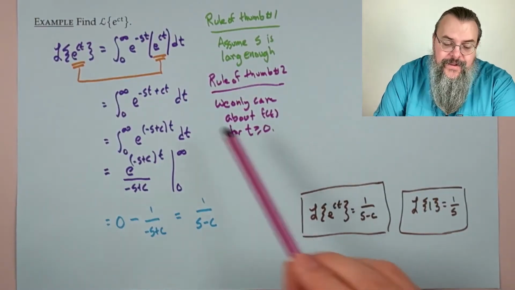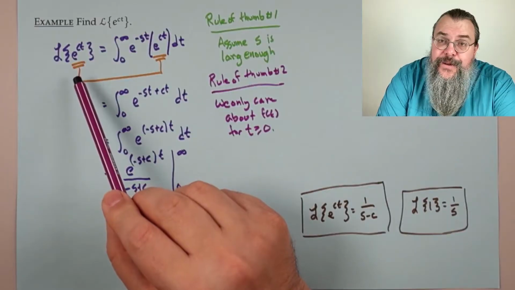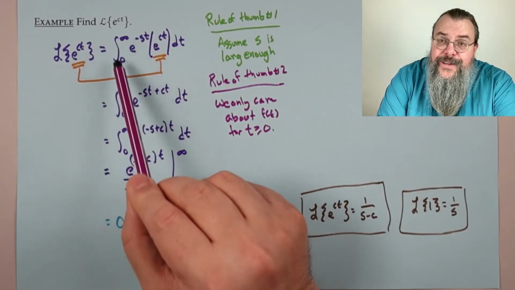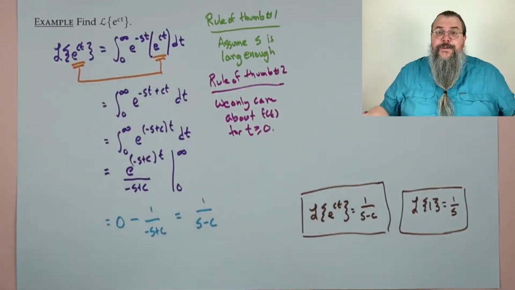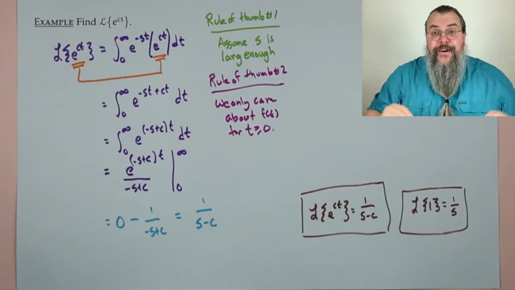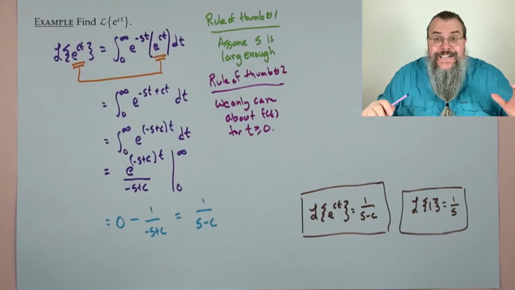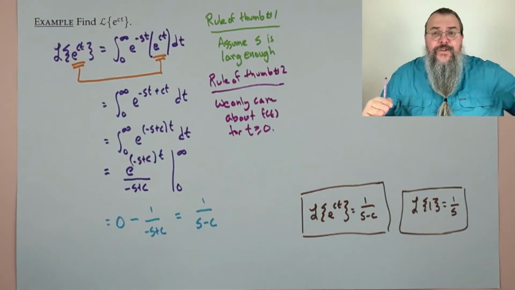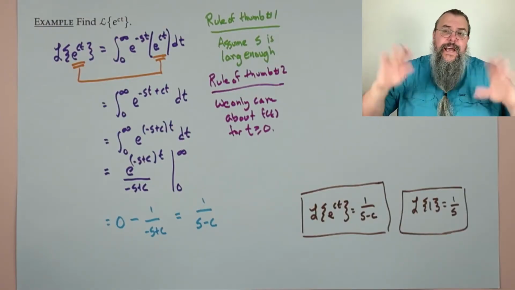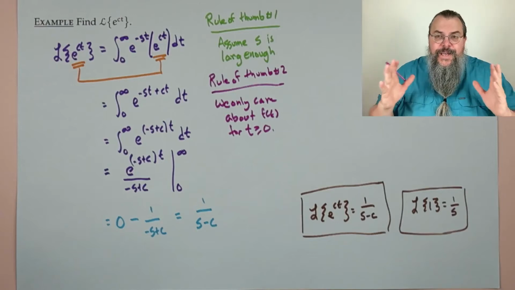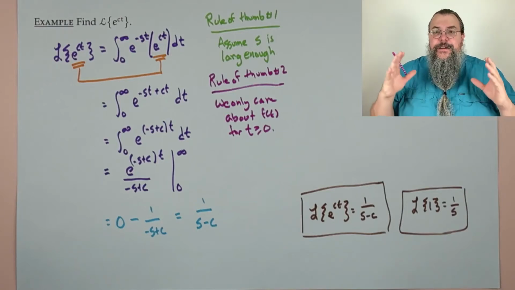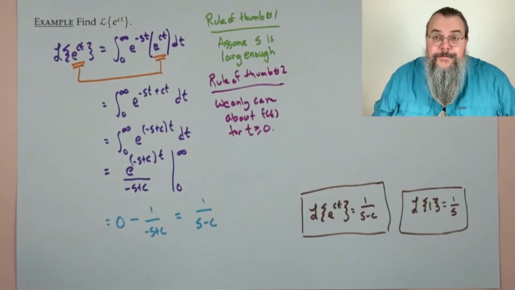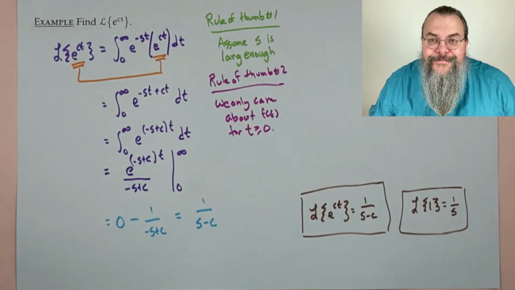Well, go back to the definition of the Laplace transform. Your integral goes from 0 to infinity. So what happens before 0 has no bearing on the Laplace transform. None. Nothing. And so if your function f of t is doing crazy stuff for negative values of t, whatever, we don't care. We only care what happens to f when t is greater than or equal to 0. All right, good.